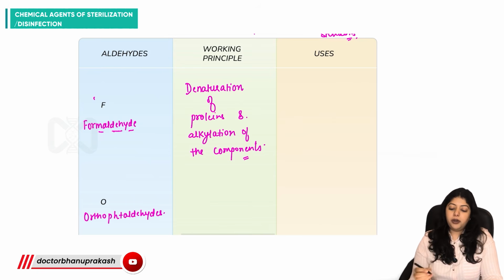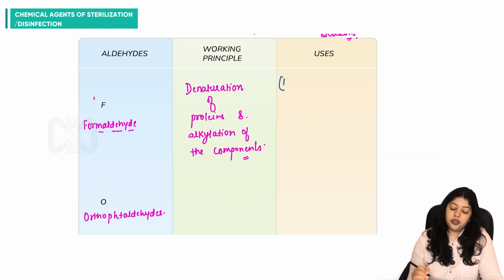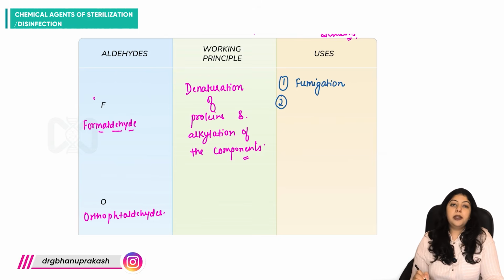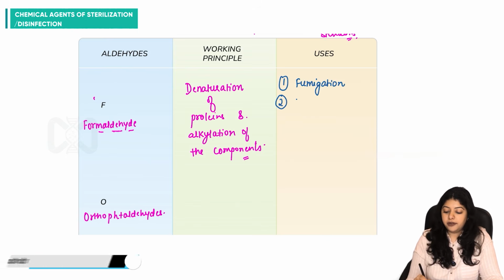Now let's talk about their uses. So formaldehyde, we have already discussed that it was initially used for fumigation. Then an important use that most of us know is that formalin has been used as a preservative of anatomical specimens.